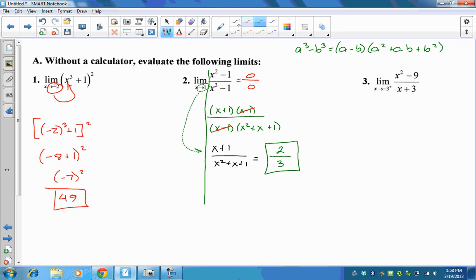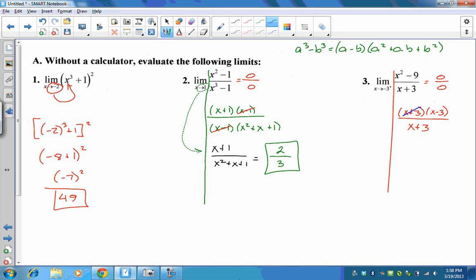Number 3. Even though this is a one-sided limit, you always start by simply plugging in your x value. This is approaching -3, and -3 squared is 9, minus 9 is 0, and -3 plus 3 is 0. So 0 over 0 means we need to factor. I'll factor my top, which is x plus 3, x minus 3, and my bottom, x plus 3.